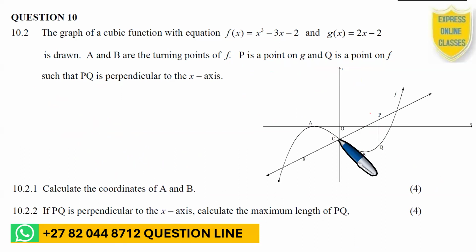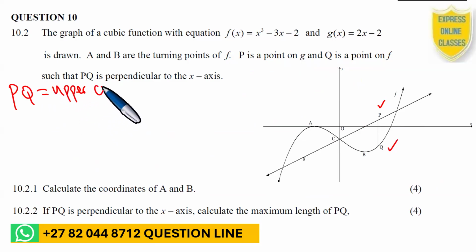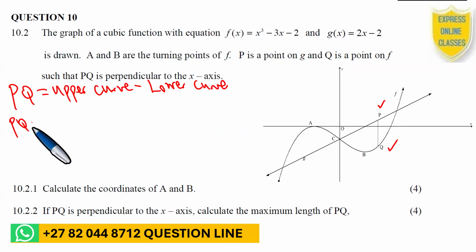So now to find the PQ, because this is P and that is Q, in mathematics this is the distance between two curves, and we say the upper curve minus the lower curve. So what is the upper curve? It's the g, straight line.